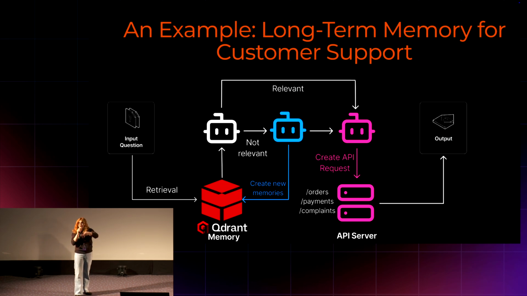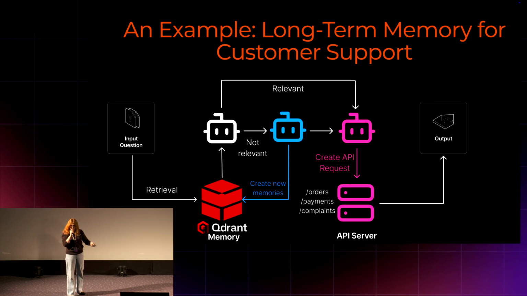Then, let's say the order has been delivered, and now the same customer wants to know the status of their order again after one or two days. If they access our workflow again, our memory will be hit, because obviously they already asked about the order with the same ID.